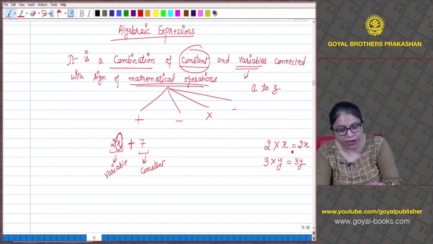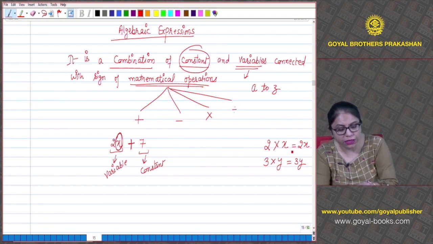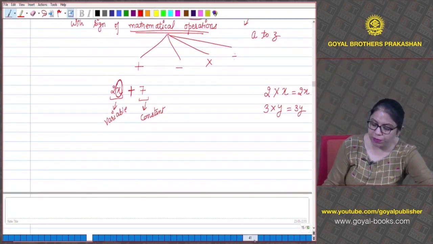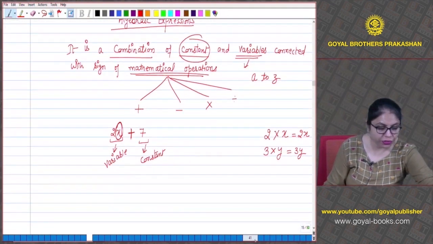That means we are adding 2x and 7. Here we are using 2 terms. How many terms? 2 terms which are connected with either plus or minus. Okay. So this is what? This is algebraic expression.